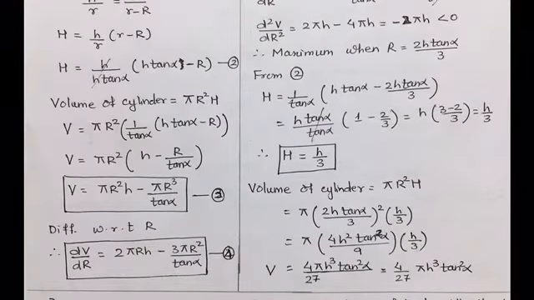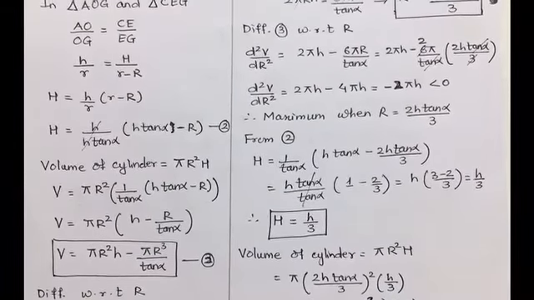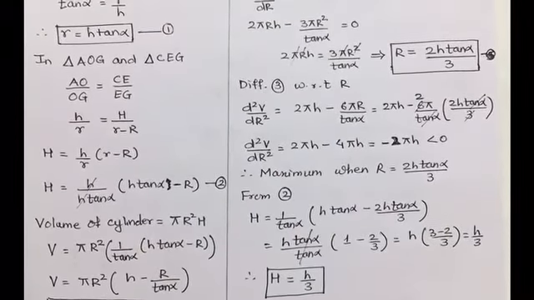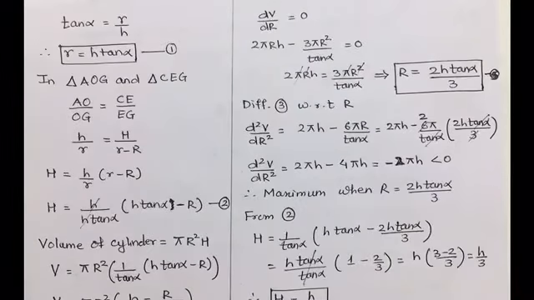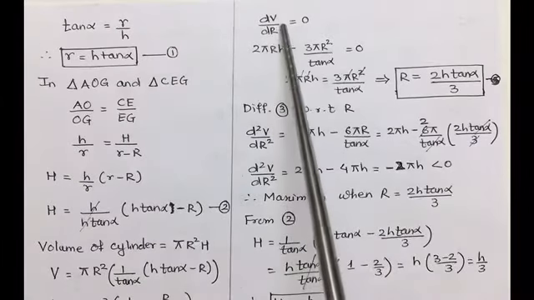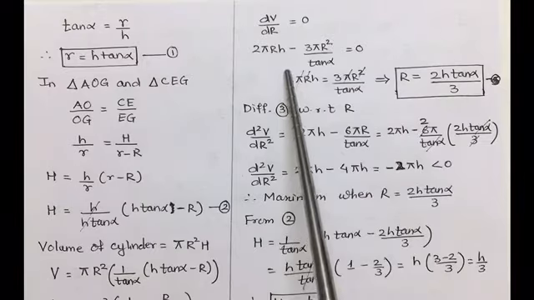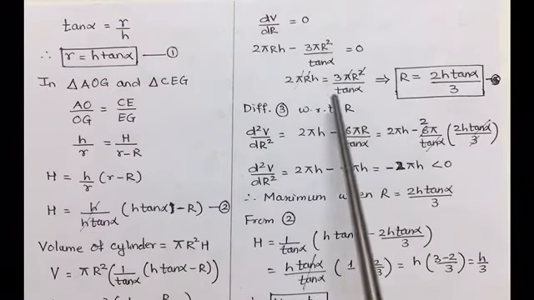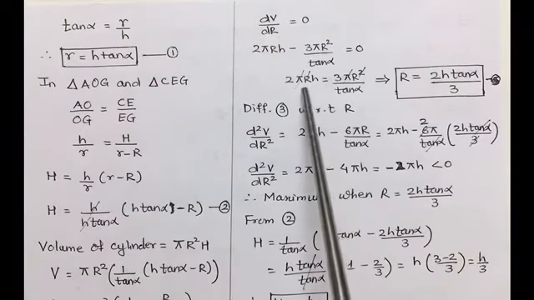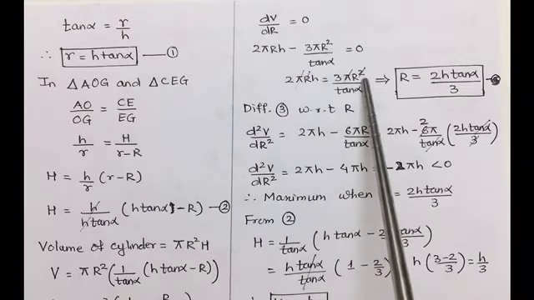Now to calculate the value of capital R, that is the radius of the cylinder, we will equate the first derivative dV by dR to 0, and calculating for R by cancelling both the sides, 1 R gets cancelled, 1 R remains.